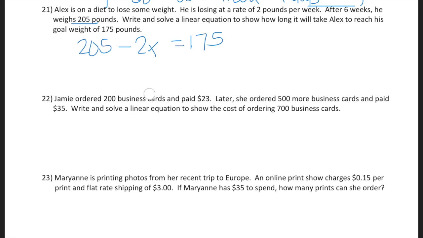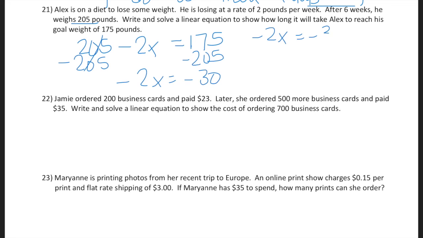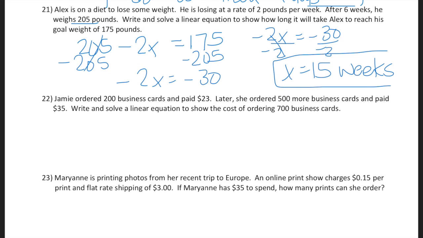Okay, so we're going to solve this by subtracting 205 from each side. And let's see, 175 minus 205 should be what, 30? Negative 30 rather. And then if I divide by negative 2, x is equal to 15. So it will take Alex 15 more weeks to get there.